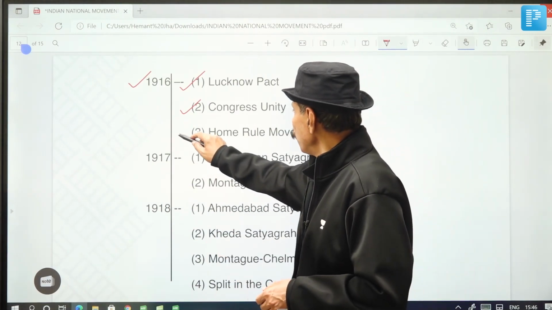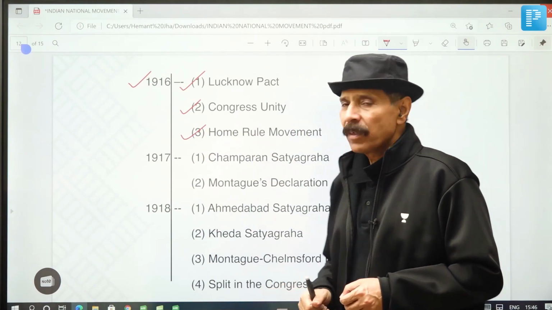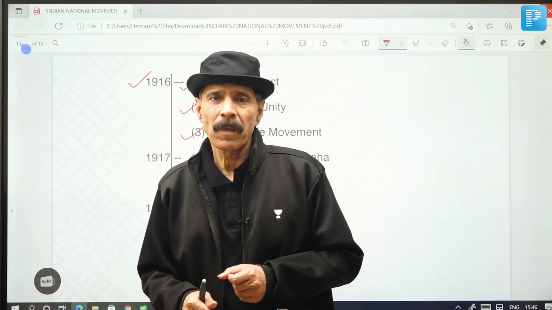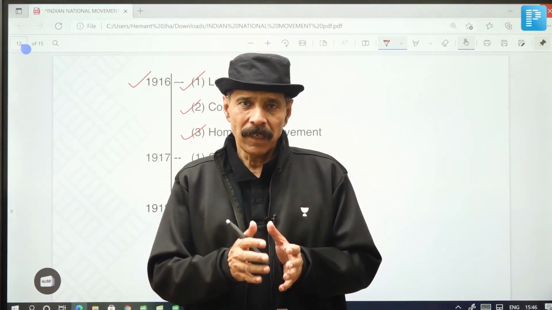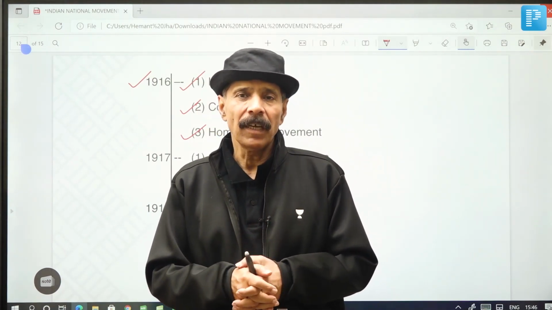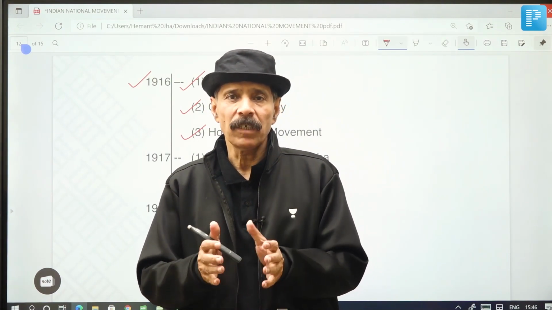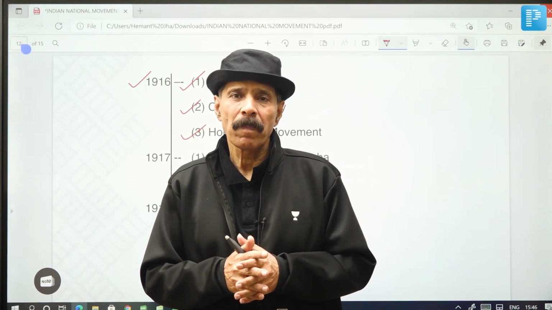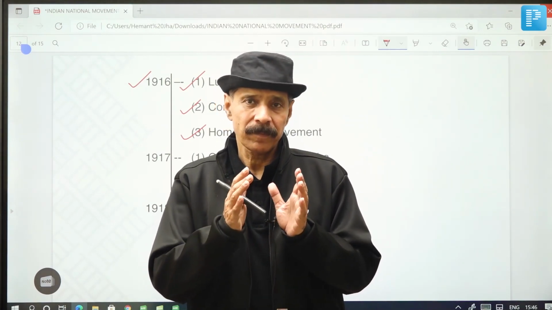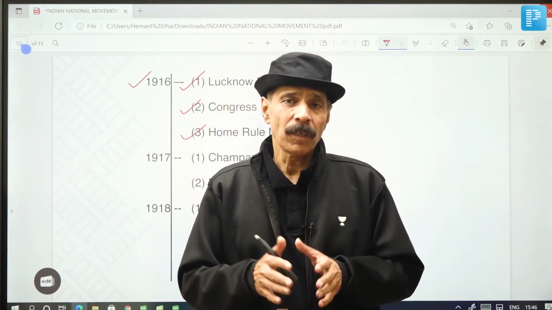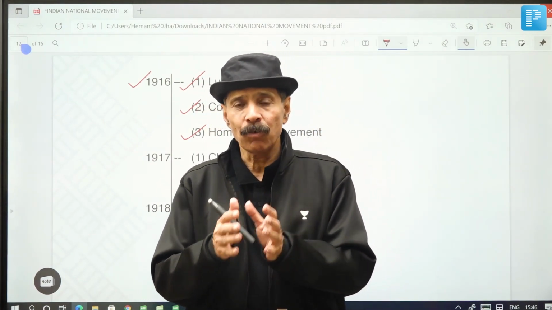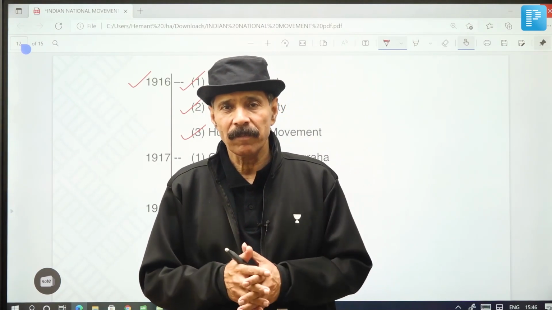Third one is Home Rule movement. This movement was outside the Congress platform. Bal Gangadhar Tilak and Annie Besant had founded a Home Rule League, means one Home Rule League founded by Tilak and one Home Rule League founded by Annie Besant.